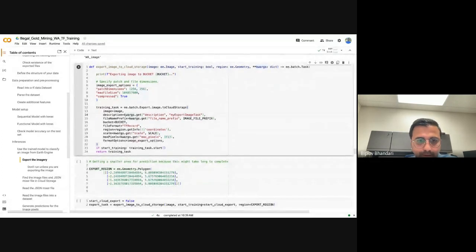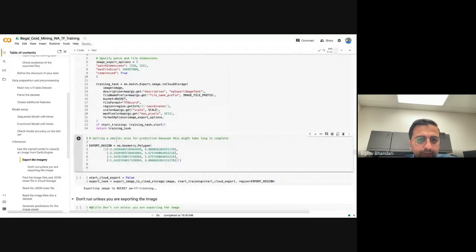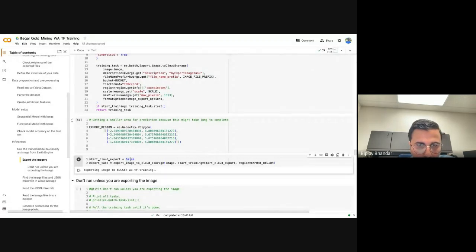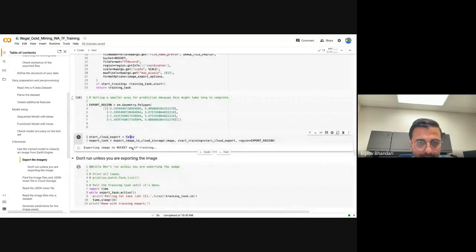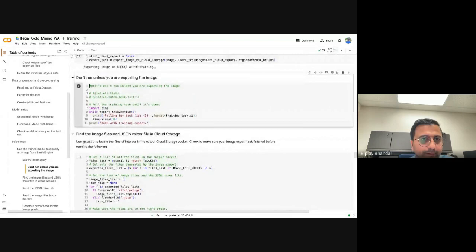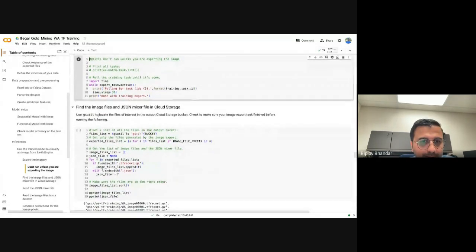So I'm doing that over here. I'm taking a very small area in this case because it takes quite a bit of time to complete the inference and everything, so for the sake of example, it's a small area. Again, I already have exported that image, so I'm not going to export again, setting that to false. Again, checking the export tags here.